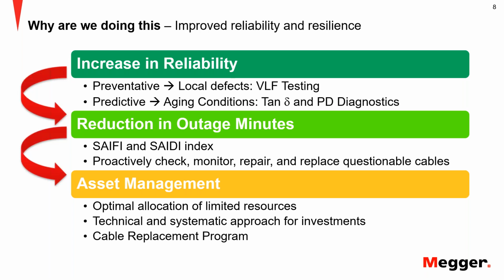So, there was a replacement for the DC testing, which became VLF testing. And that can be described as preventive maintenance or preventive testing. So you'll find some defects, and then the next evolution was to go from preventive to predictive maintenance testing. And this is all done because you want to reduce the outage minutes.